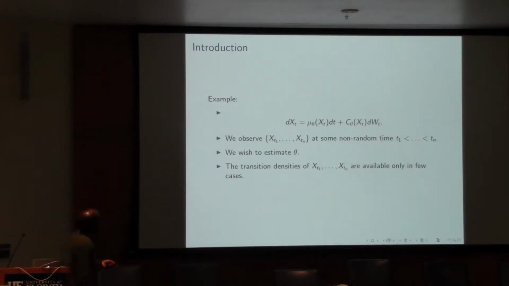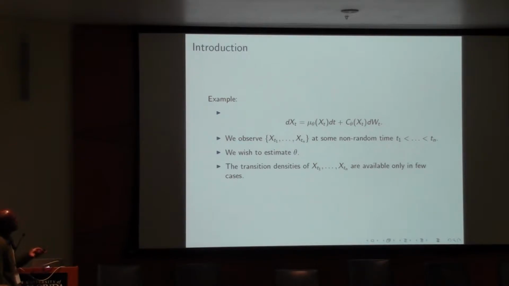A classical example is a diffusion process that you're interested in. People in finance deal a lot with this problem, where you have a diffusion process but only observe it at some fixed times T1, T2, up to Tn. The goal is to estimate the parameter that's driving the process.